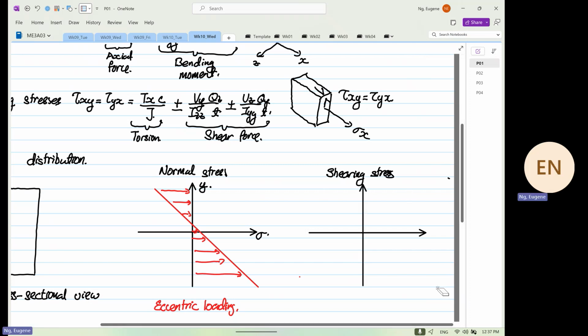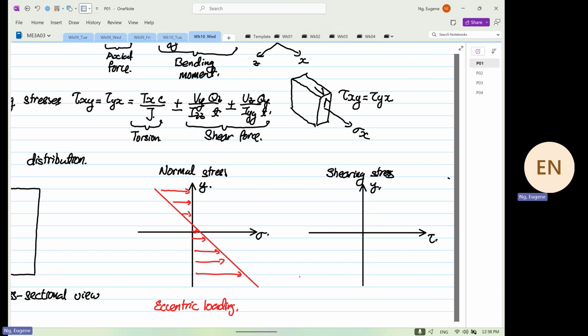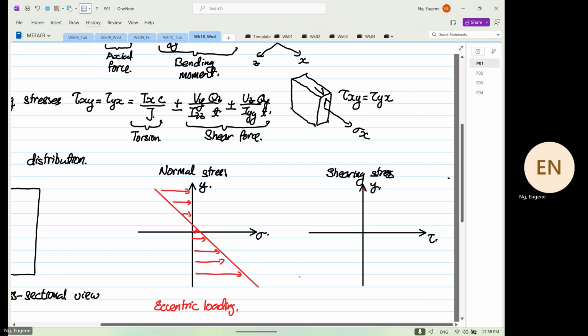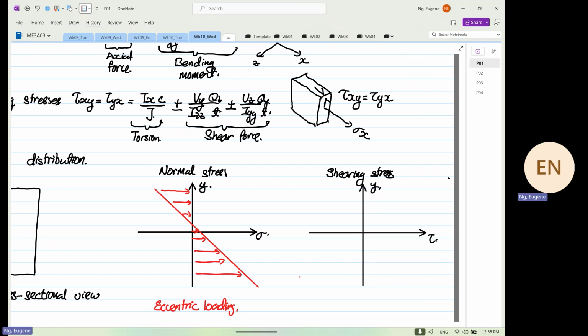And if this is our shear stress, this is our y, we are aware that we will have a distribution looking like this. Okay, we know that we have a distribution like this. And this is due to shear force.